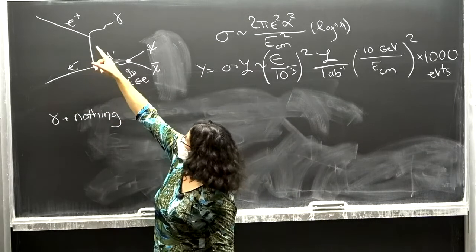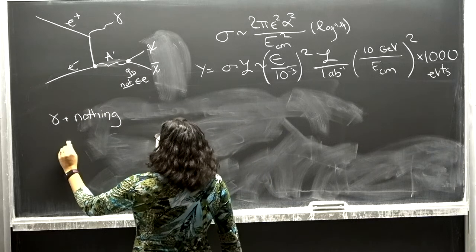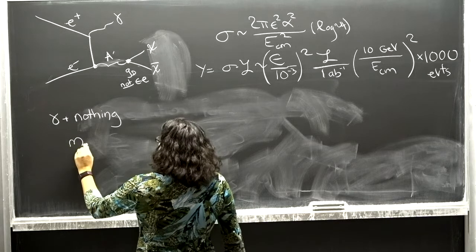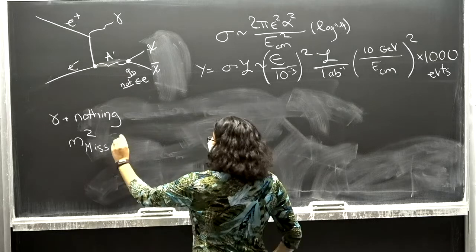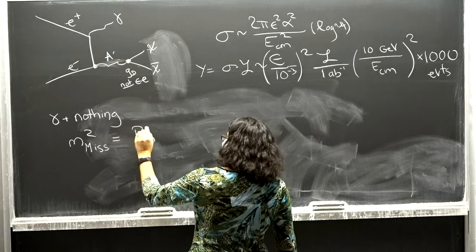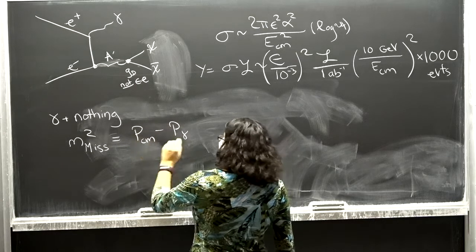If you're looking at full energy e+ e- pairs coming in, then in the CM frame, you can infer a missing mass squared, which is defined as the CM frame total momentum minus that recoiling photon's momentum.